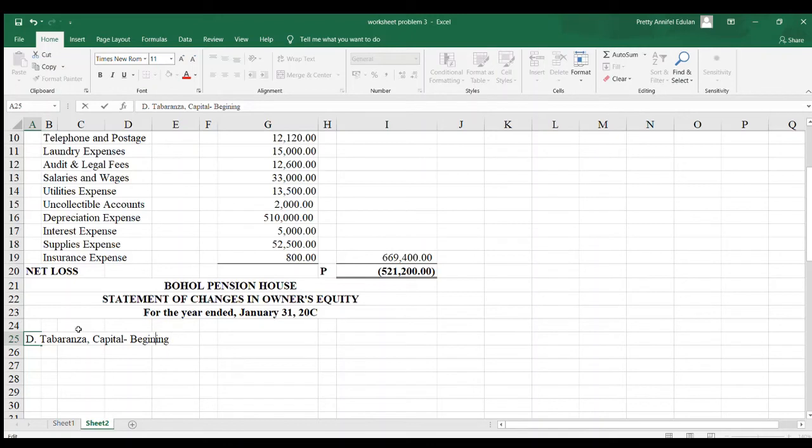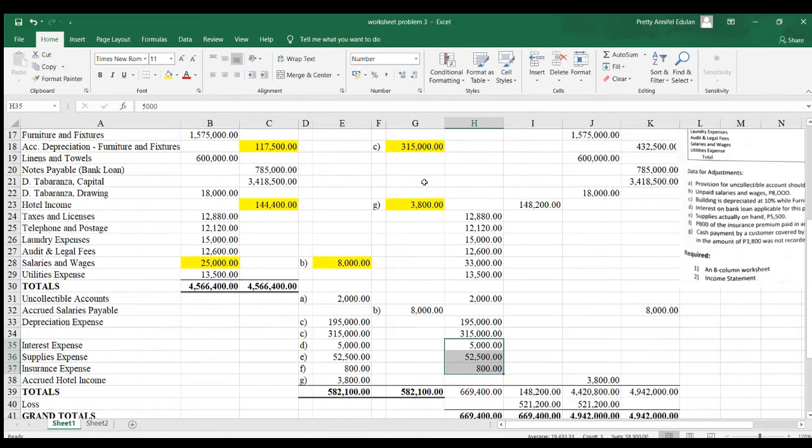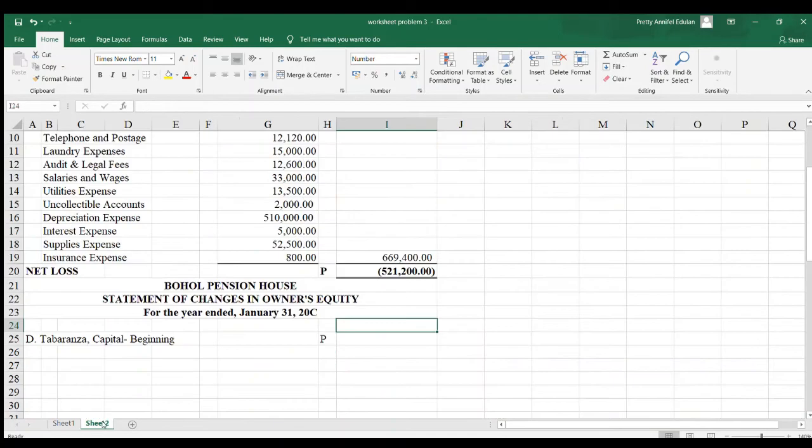I'm sleepy already in class. So let me check the spelling of beginning. I think, yeah, it's double N. Beginning. So how much was it? 3,418,500.